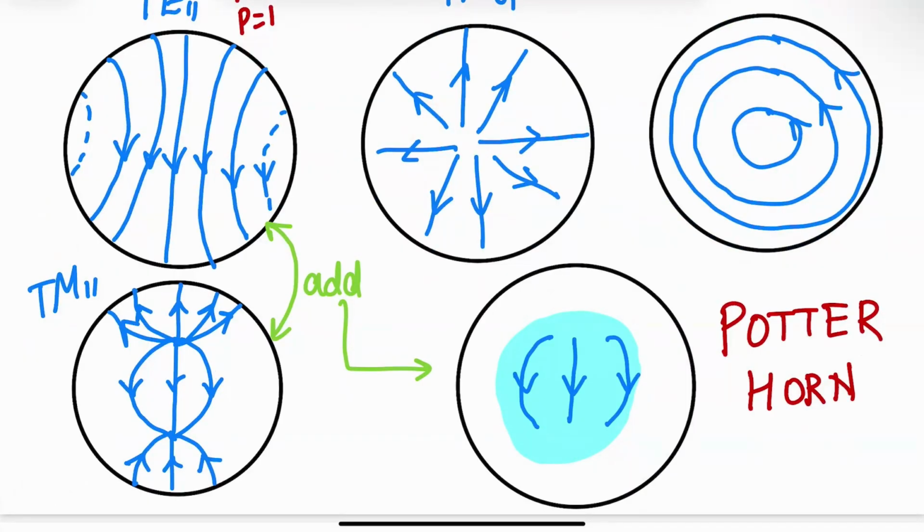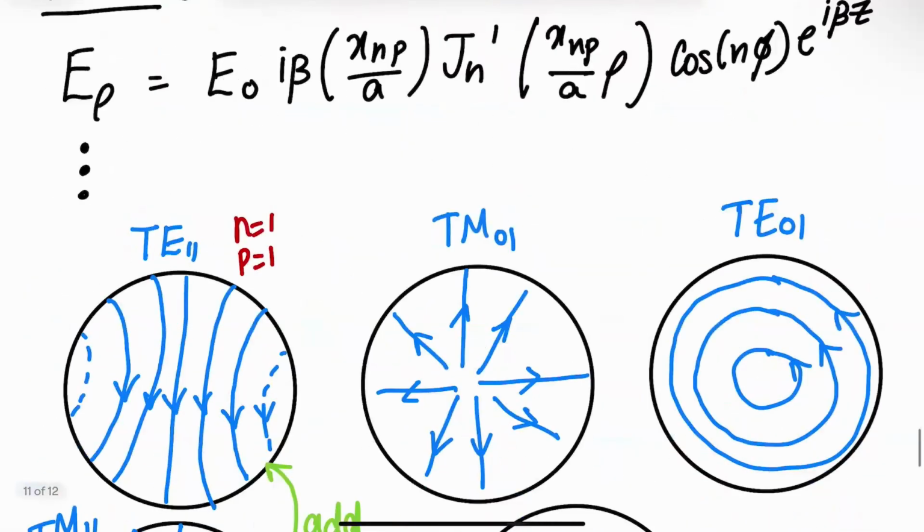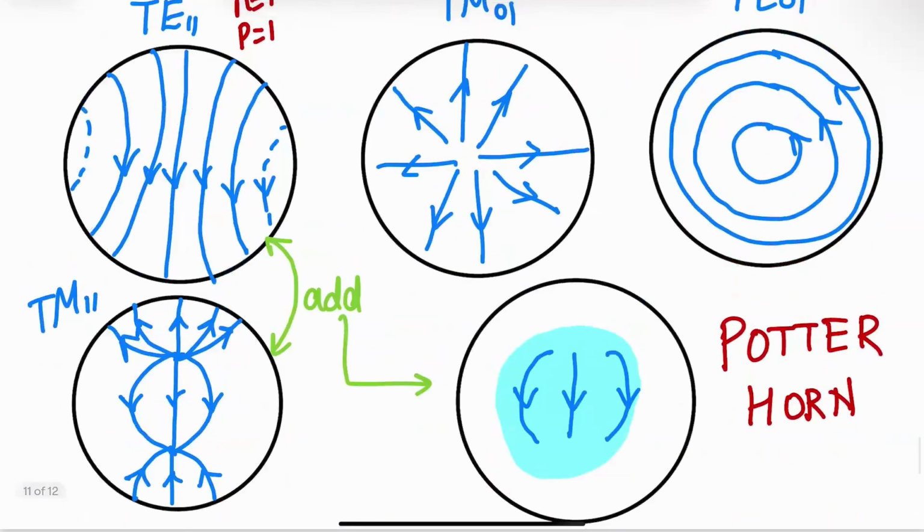It's called, I think, Designing Every Antenna in HFSS or something like that. Open the description. There's a list of antennas. You can click the section on Potter horn. And there I have a nice slideshow showing you how the Potter horn radiates without any side lobes. The downside, of course, is that it's kind of narrowband because you need to have two modes that add up and they only add up at one frequency. But still, it's a very elegant design, very easy to manufacture and has no side lobes.